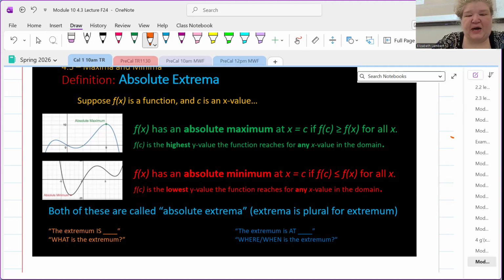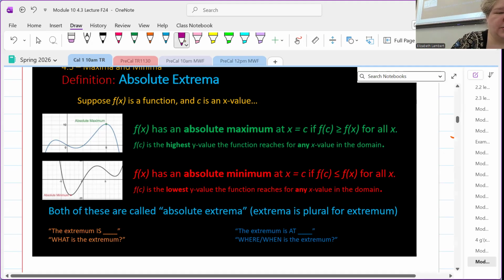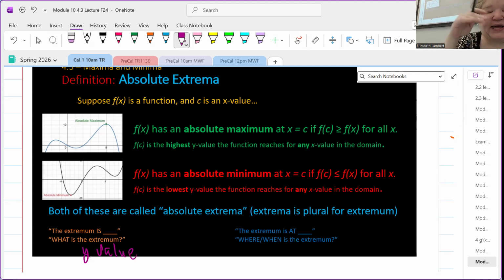Now, a little point here at the bottom about the way questions are phrased. So we're going to see some things where they say the extremum is blank, or what is the extremum, versus the extremum is at blank, where or when is the extremum. So when it says the extremum is, this is asking for the y value. Like when we say, what is the absolute max? That's asking, what is the highest y value?